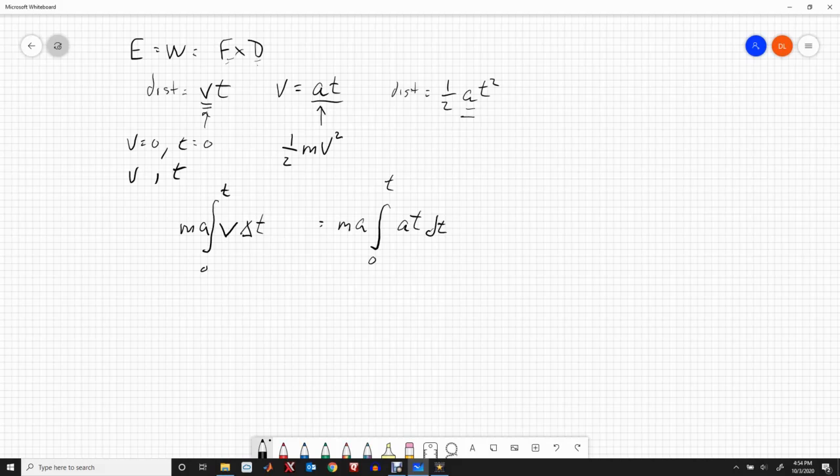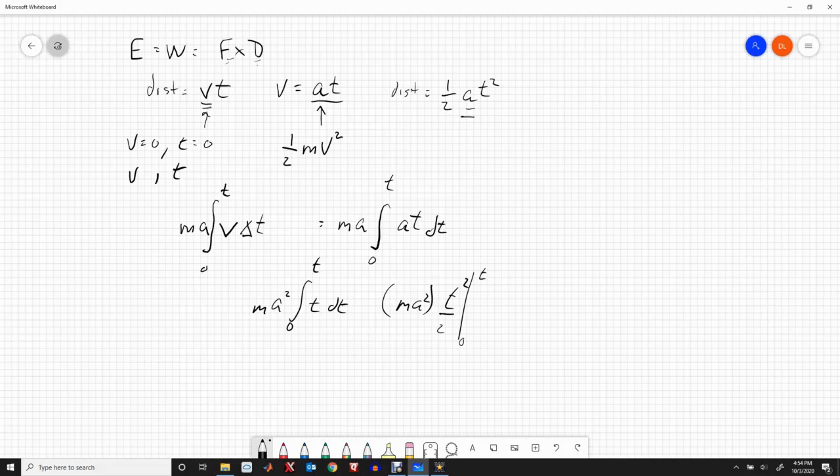Well, again, a is a constant, so we can move it out, and what we get is ma squared times the integral from 0 to t of t dt. Well, that's ma squared times t squared over 2, doing the integral evaluated from 0 to t.